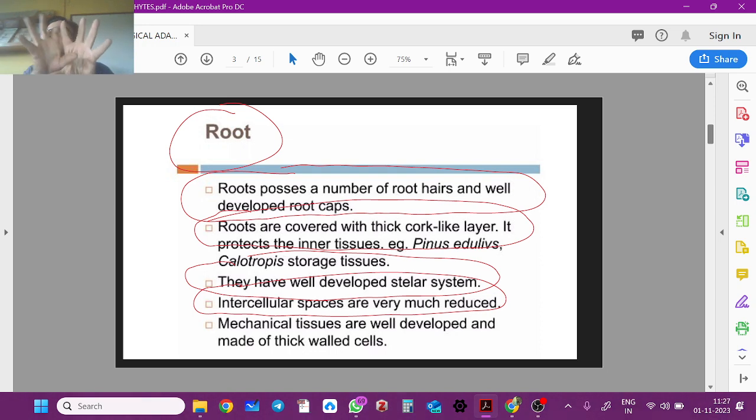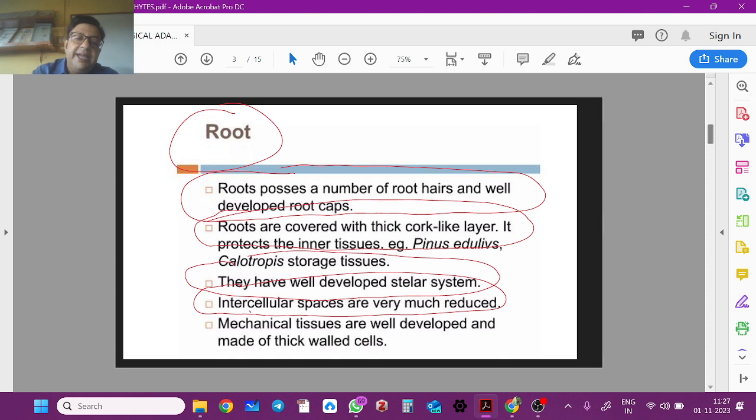These air spaces are needed for many purposes. They store the oxygen, and the cells have chlorophylls in spongy parenchyma. So all the photosynthesis takes place. The carbon dioxide comes to the stomata, then it goes into these air spaces.